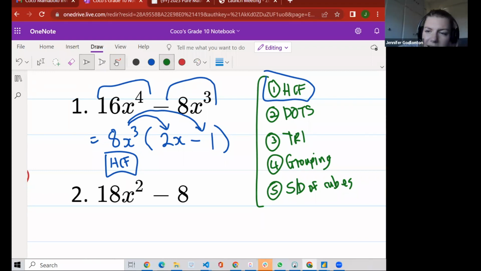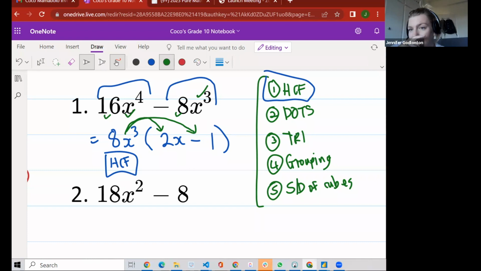So we're saying 8 times 2, that gives me 16. X cubed times x, that gives me x to the power of 4. And then when we look here, we're saying 8 times -1, that gives me -8. X cubed times 1 is just my x cubed. So that's how I'm getting that 16, when I multiply the 8 and the 2. Hopefully that helps.